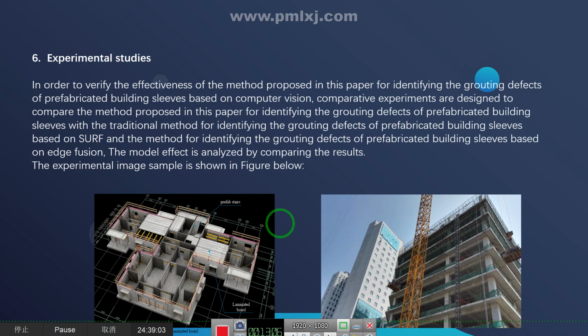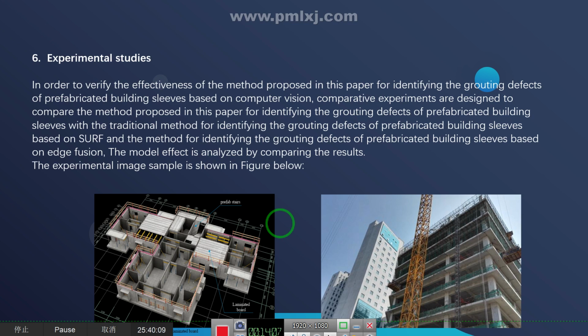6. Experimental studies. In order to verify the effectiveness of the method proposed in this paper for identifying the grouting defects of prefabricated building sleeves based on computer vision, comparative experiments are designed to compare the method proposed in this paper with the traditional method for identifying the grouting defects of prefabricated building sleeves based on SURF, and the method based on edge function.